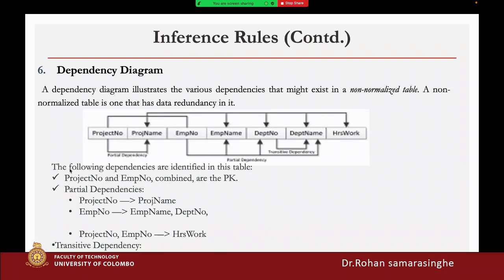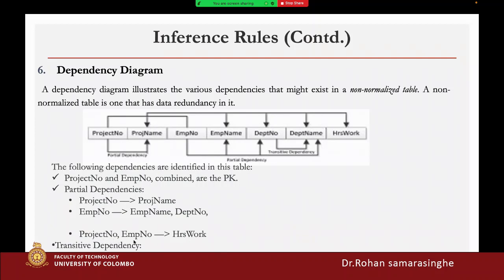So the following dependencies are identified in this table. Project number and employee number combined are the PK. Partial dependencies: project number determines project name; employee number determines employee name and department; and also department number determines department name.